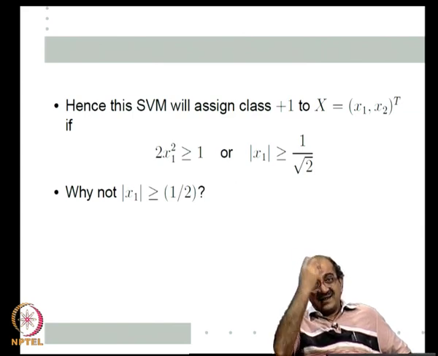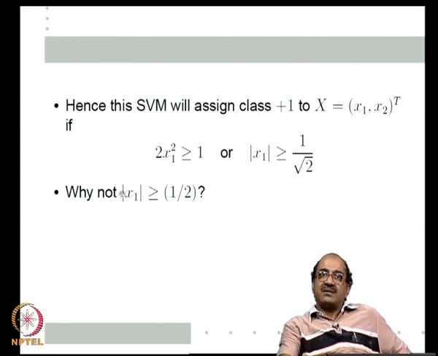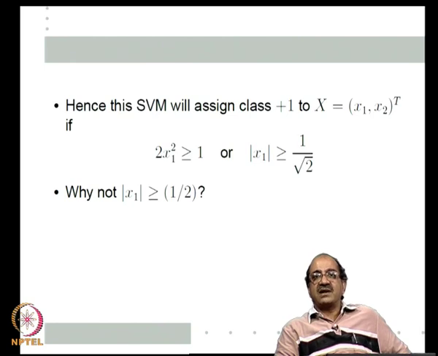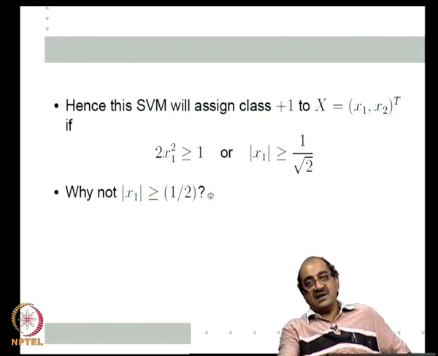Now, you may say, shouldn't the classifier be mod x1 greater than half, so that I put it exactly between the 0 and minus 1, or 0 and plus 1? That is what we are asking by maximizing margin. But we should understand that because we are using a kernel function, we are maximizing margin in the quadratic space, in the x1 square space.